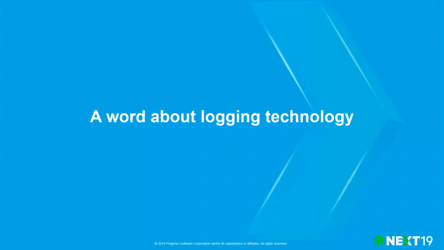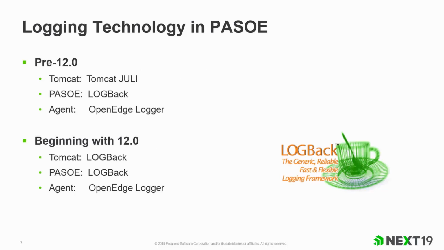Let me take a moment to talk about logging technology, because it will help you understand why and where we went with this. Pre 12.0, there were 3 layers of logging: the Tomcat level, the ABL application level, and the agent level.